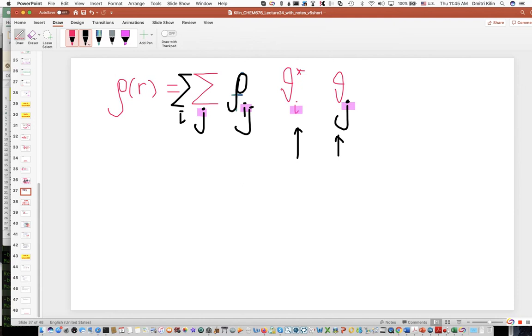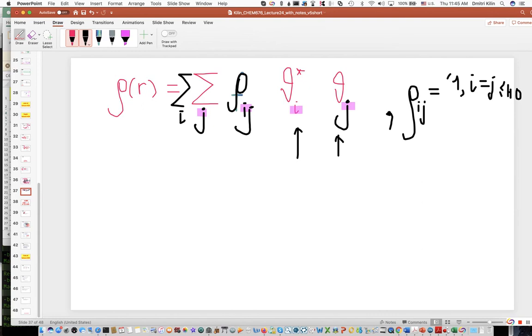We can say that the factor ij will be equal to 1 under certain conditions: if i equals j, and if both of them are smaller or equal to HOMO, right?